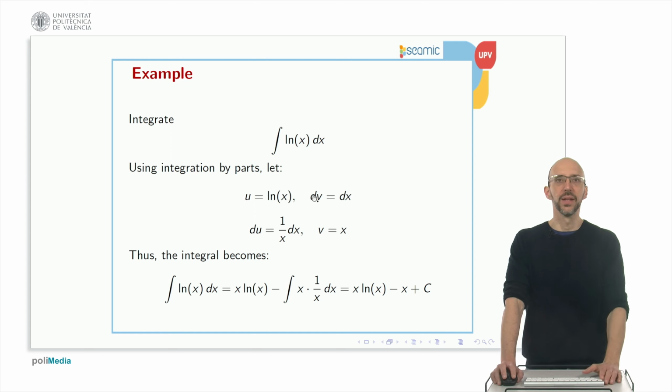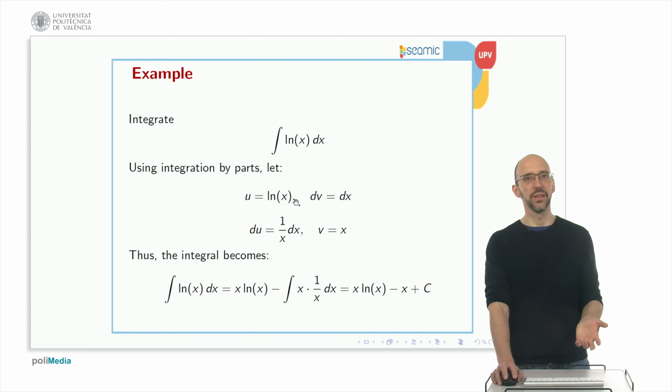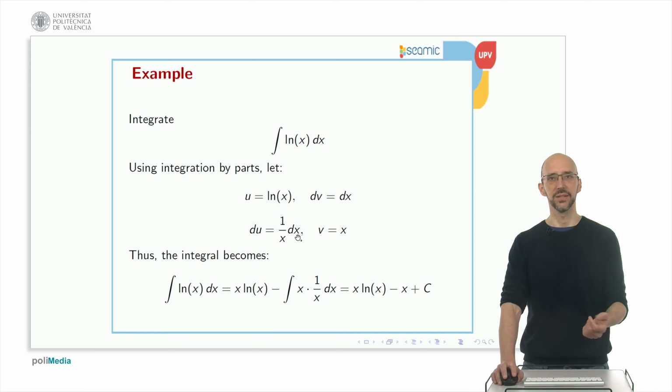Piece of cake. If you calculate the derivative of u, it's the derivative of natural logarithm of x, that is 1 over x dx. If you integrate 1, the integral of 1 is x. So now you only need to replace u, v, and du in the formula. Remember the formula.